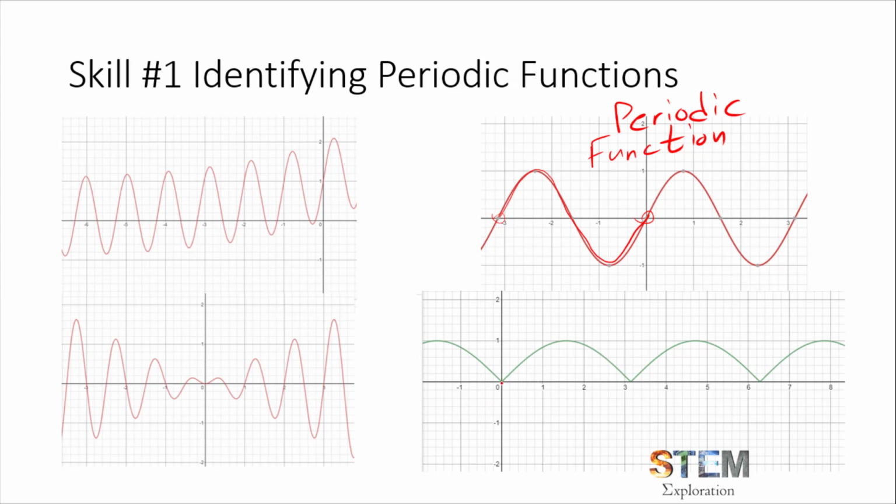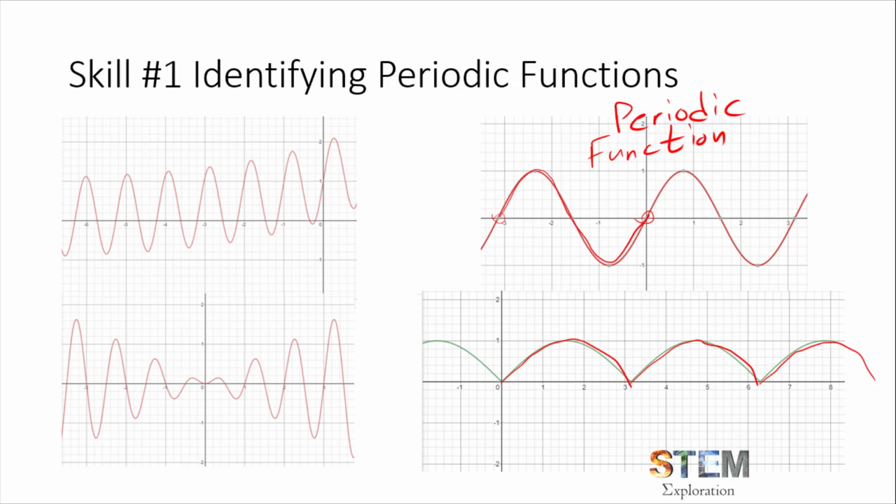As I go from 0 to about 3.1 or 3.2, somewhere in there, I see that this pattern occurs and then this pattern repeats. We just see the same pattern over and over again, and so this would be very indicative of a periodic function.